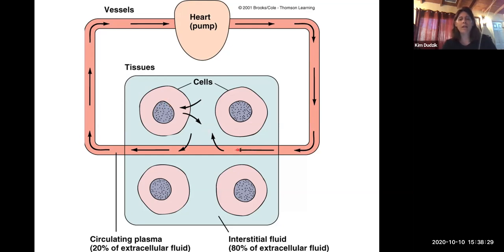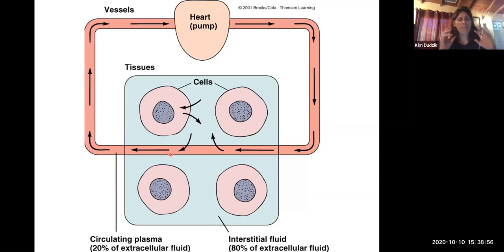We're going to see that at our capillaries, this is where the nutrients and oxygen and things that the cell needs can move into the interstitial fluid, and then from there, they move into the cell as needed. And then as the cell is producing waste products, that waste is going to move out of the cell into the interstitial fluid and get picked back up by that very same capillary bed, okay?